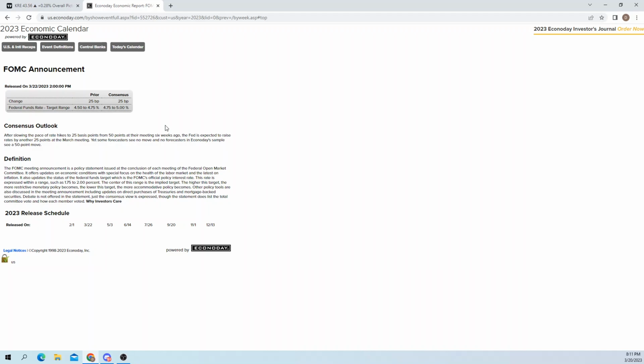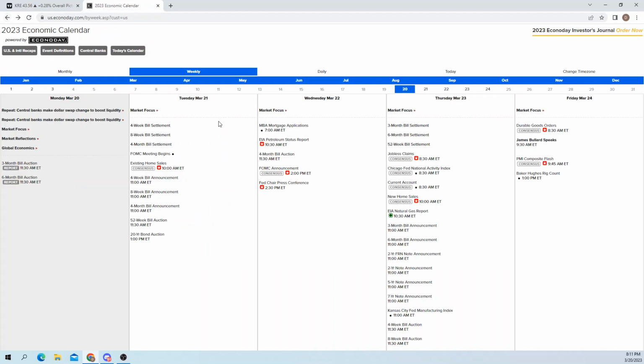So it's all over the place. I don't necessarily think the rate decision is what's important. I think their outlook is going to be important. So as you could see, the decision's at 2 p.m. But then when Jerome Powell speaks, which is at 2:30 p.m., that press conference, I think that's going to be more important. So that's a total guess.